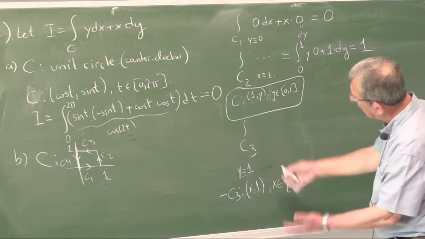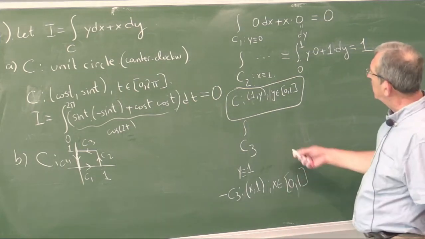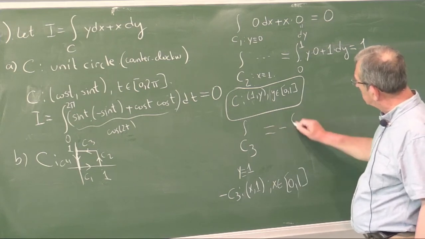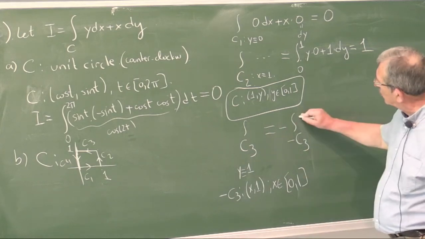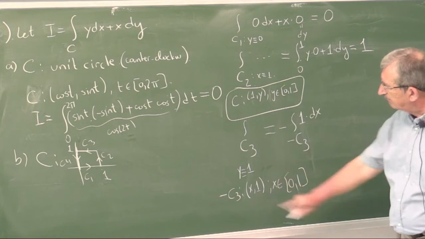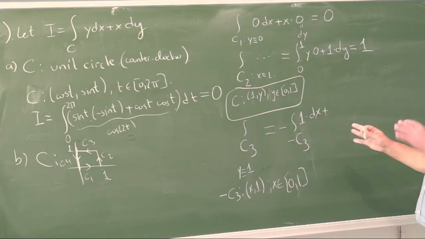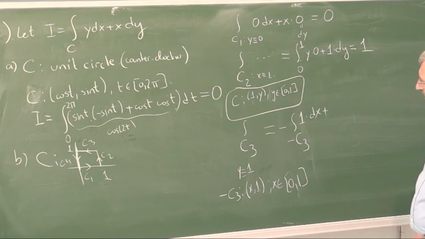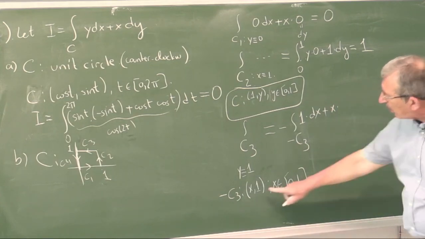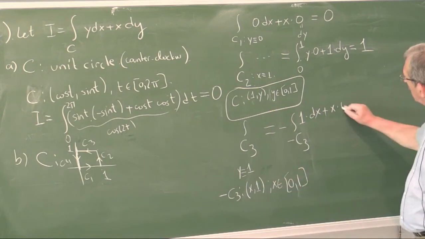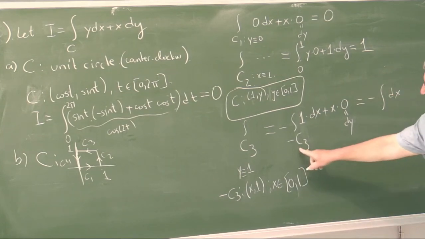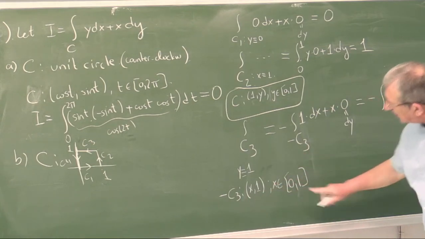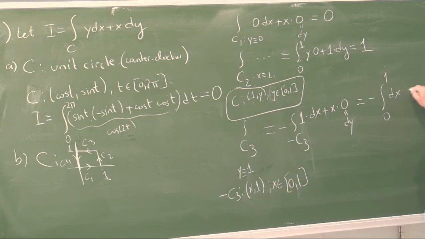But we can use it for our formulation. Namely, we have here minus the integral over C3 of y dx, y is 1, dx is dx, plus x dy. Well, x is x, but y is constant, so dy is 0. So this tells us that we have minus dx, from 0 to 1. So it's minus 1.